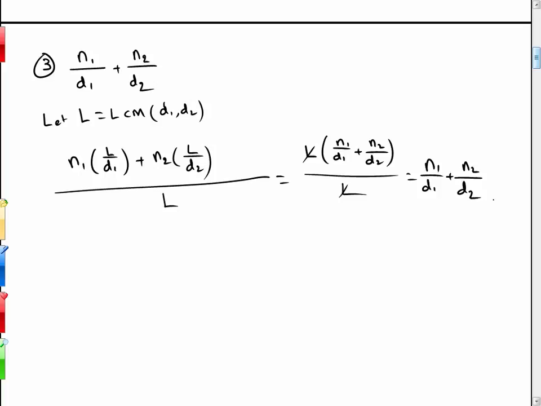So that is precisely what our problem was, right? And our procedure says whenever you see n1 over d1 plus n2 over d2, do this. And so we have shown that in fact this is equal to the original problem. So our method is a valid one.